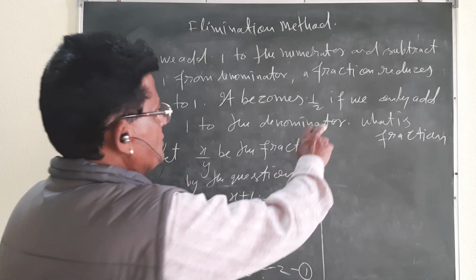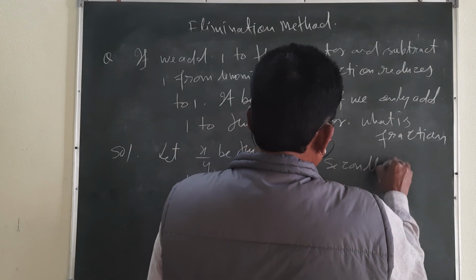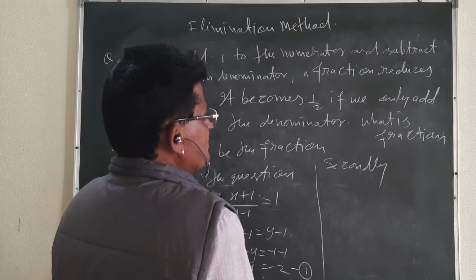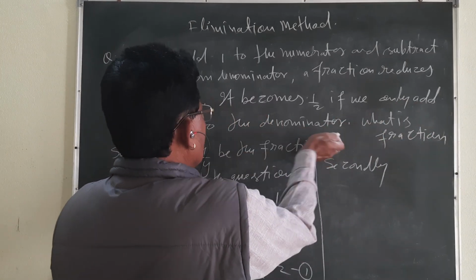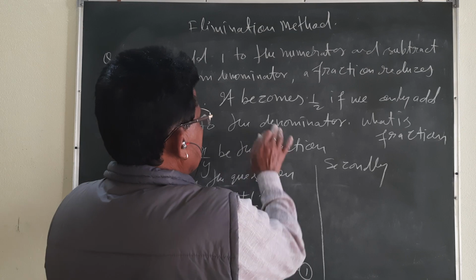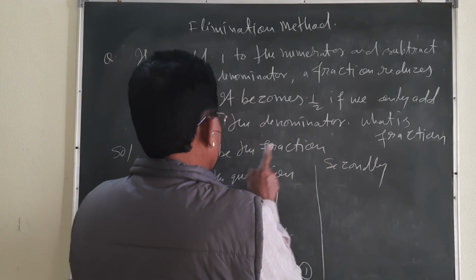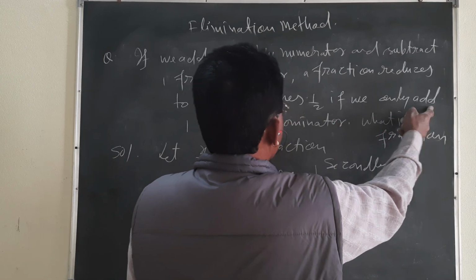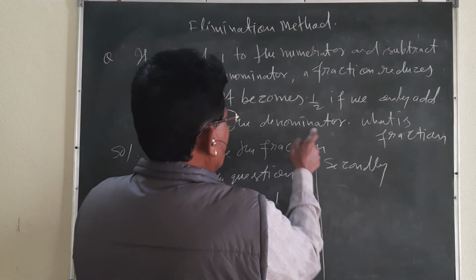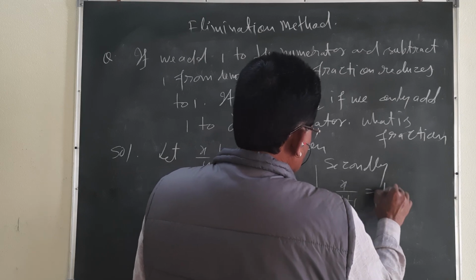Second equation you will have to form. What will be the second equation? If we add 1 to the denominator, then the fraction becomes what? It becomes 1 by 2. You see, if we add 1 to the denominator only, then the fraction will become x upon y plus 1, and it will be equal to 1 by 2.